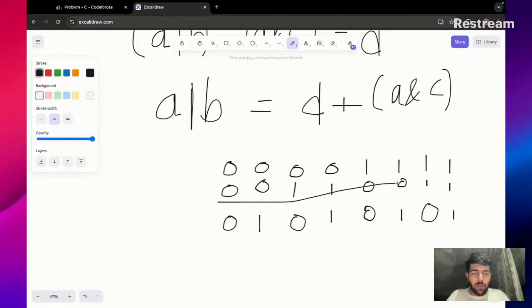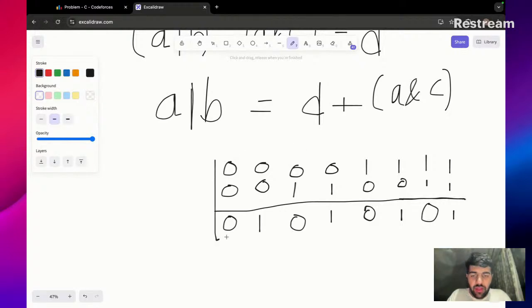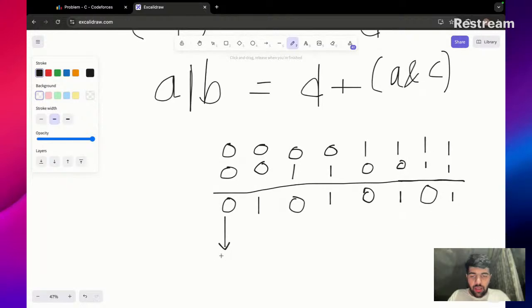So these are all the possible combinations I can have in B, C, and D, right? So if this is 0, 0, 0, what should this bit of my A be? It should be exactly 0, right?